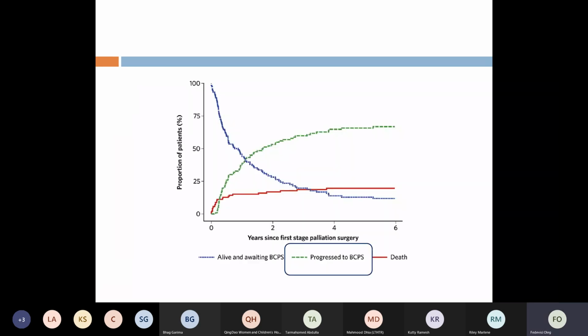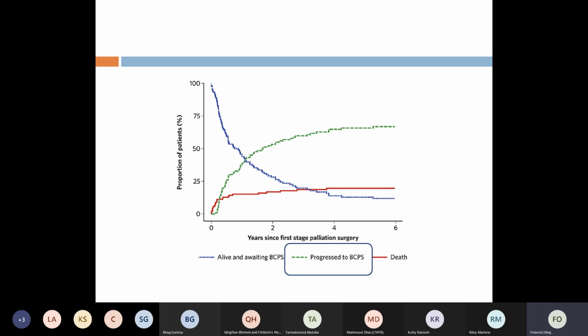The main fact that I'd like to underline is that of all the patients in this series, about 60% progressed to Glenn shunt after initial palliation, and 85% of palliations were started in the neonatal period.